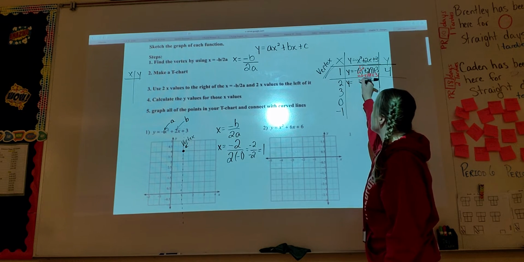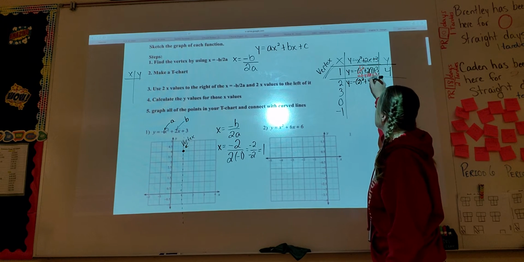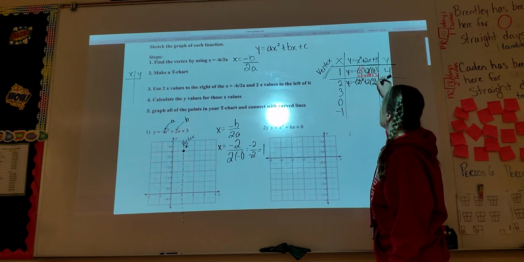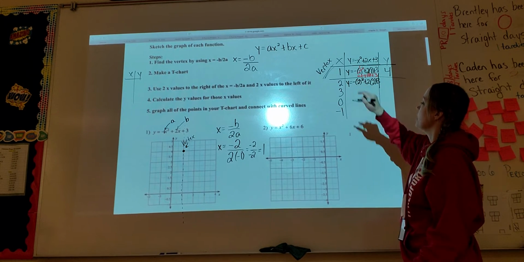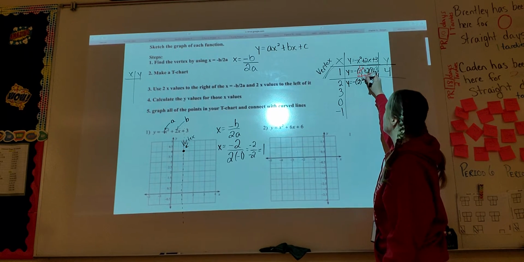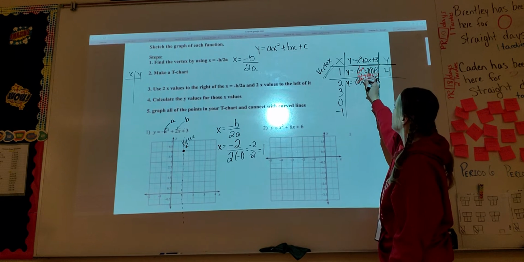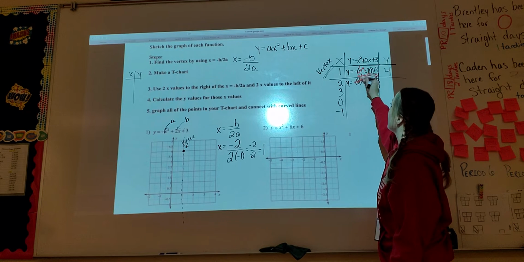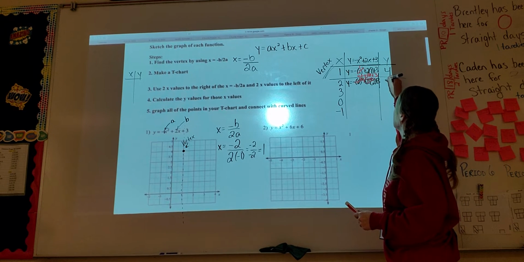So y is equal to a negative, and then 2 inside plus 2 times 2, plus 3. I'm plugging in that 2 wherever there was an x, and then I'm going to work that out. It's 4, so a negative 4 plus 4, that's 0, plus 3, so this should be 3.